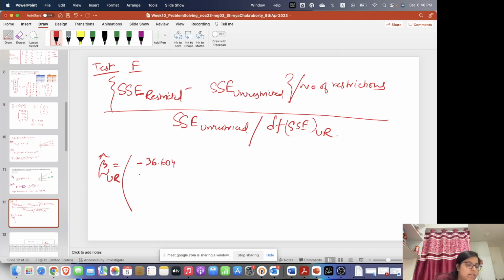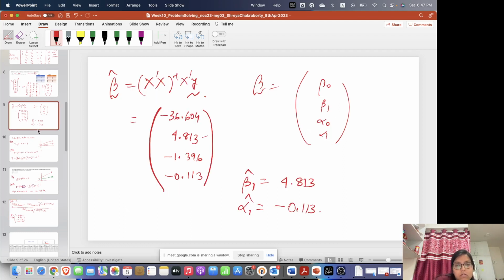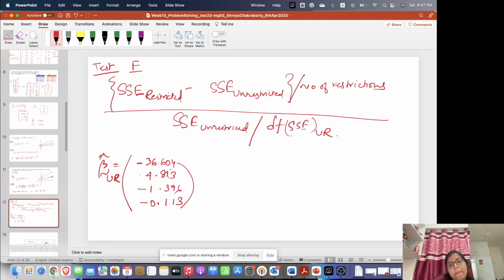I'm just writing down the values because I have already calculated them. For the sum of squares error from the unrestricted model, the formula is y transpose y minus beta hat x transpose y.